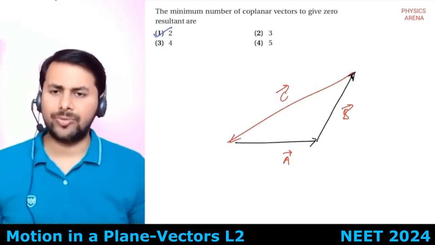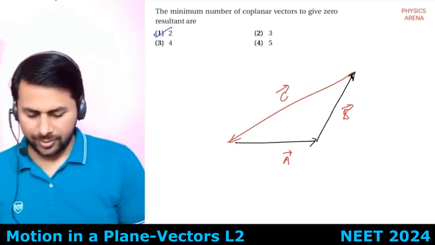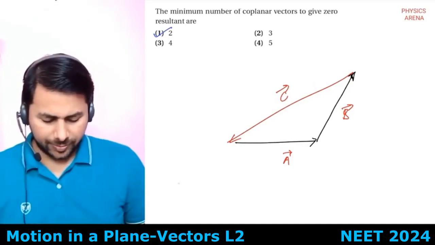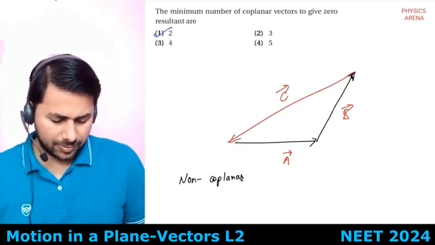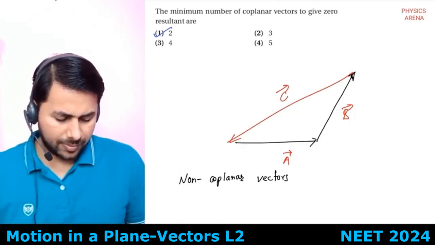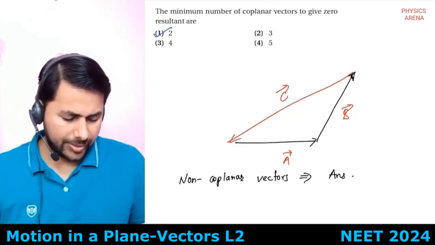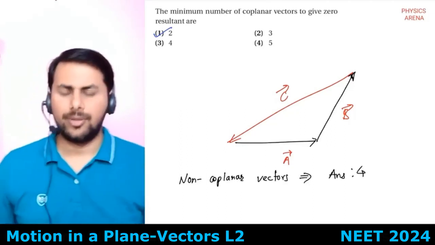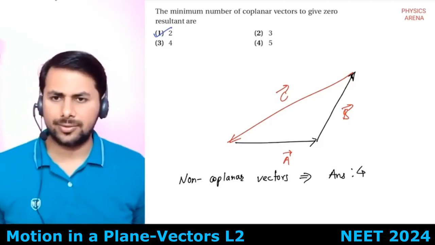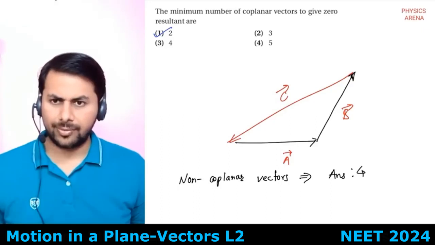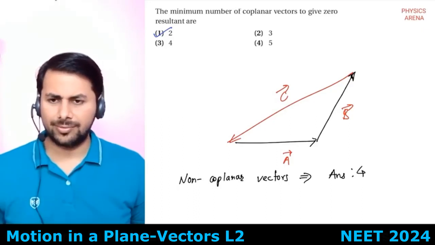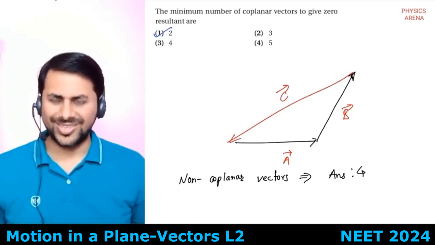So that's why answer would be 4. So for non-coplanar vectors, answer would be 4. Is this thing clear? Yes, sir. Okay. Yes, Sai? All right.